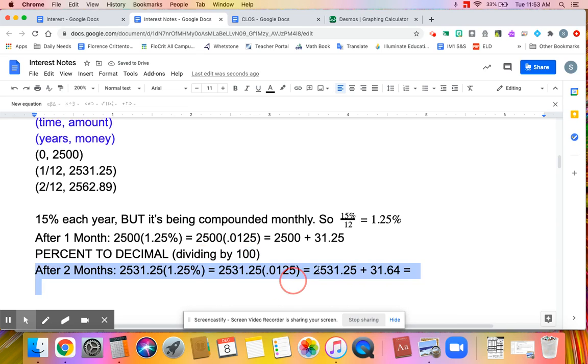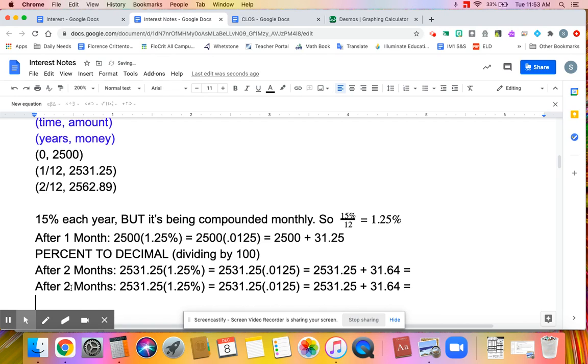I want to do after 3 months. So my new amount here is $2,562.89 that I need to multiply to my now monthly percentage rate after I divided.